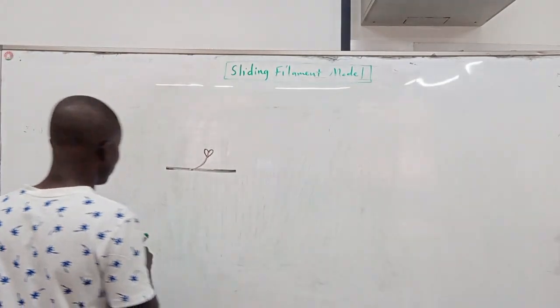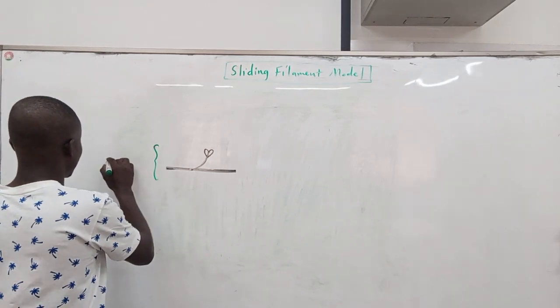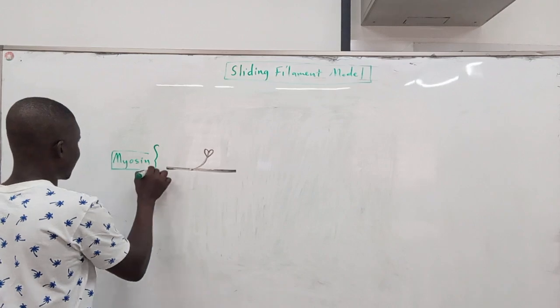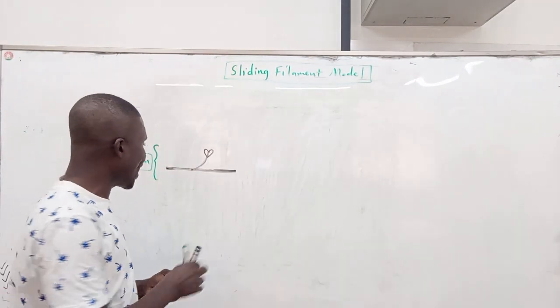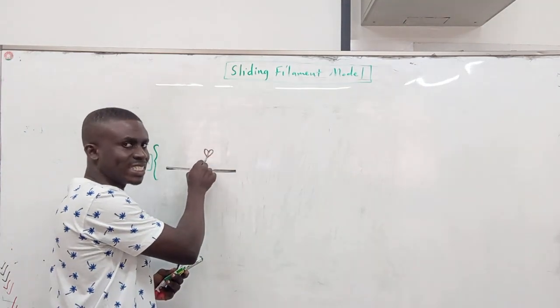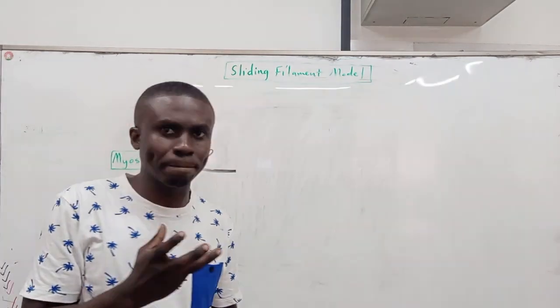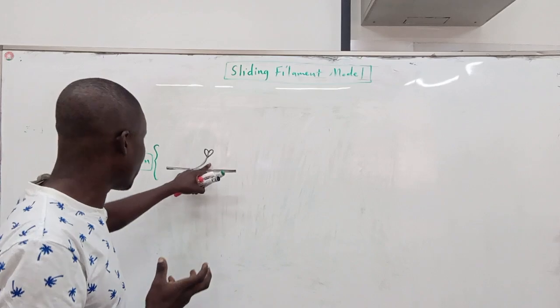So the first thing we want you to be aware of is that I have this protein, my myosin. And as you can clearly see, I can see some hairs. I'm not interested in the tail, I'm interested in the head. So we have the myosin head. That's one useful thing that I want you to be aware of.